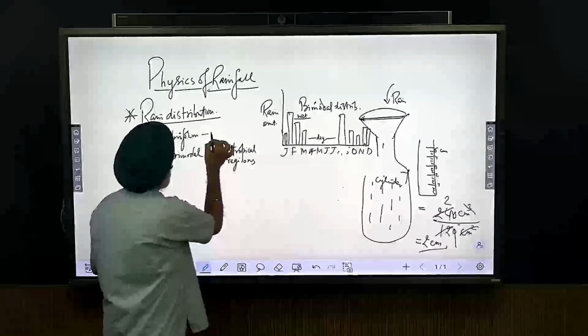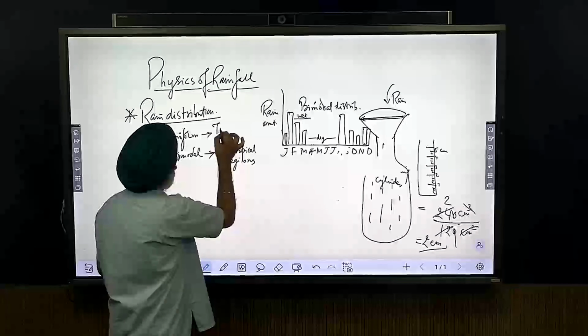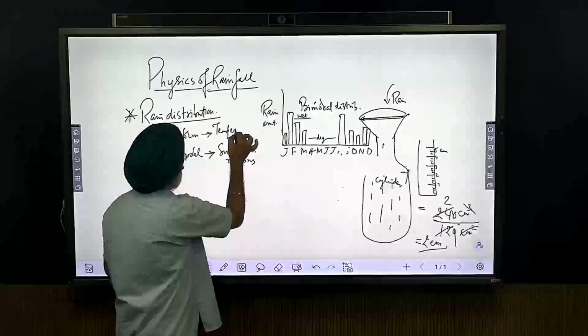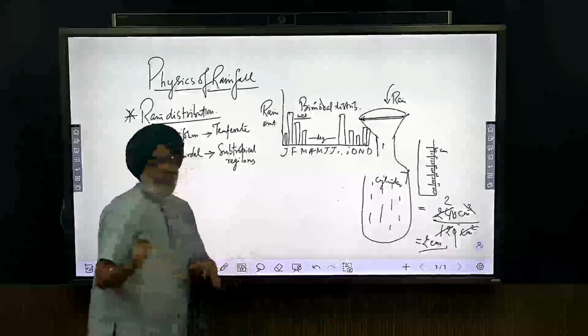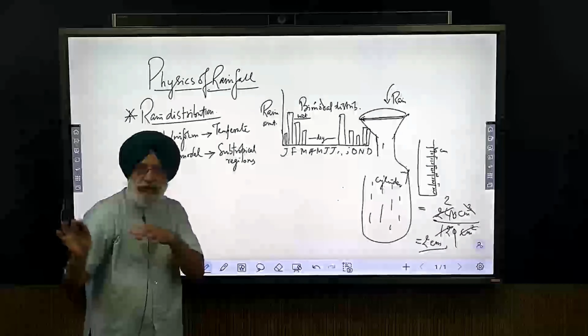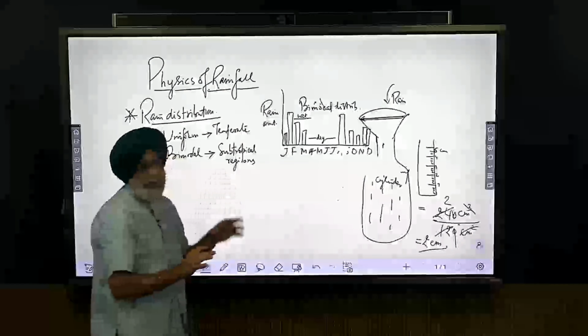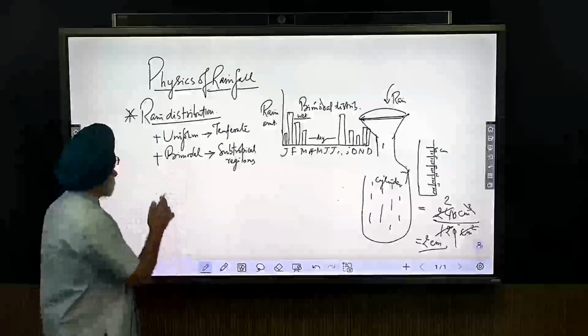Whereas the uniform distribution is the characteristic of mostly the temperate regions. They have low intensity rain spread throughout the year, what we call uniform distribution, then bimodal.